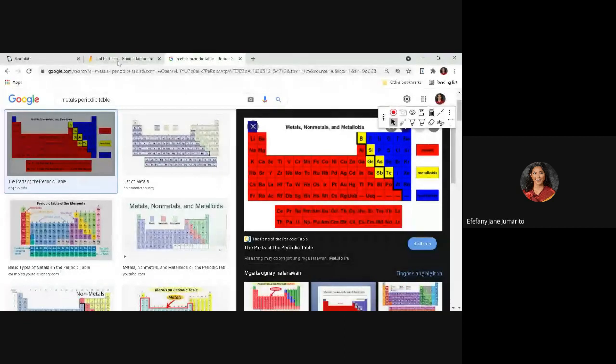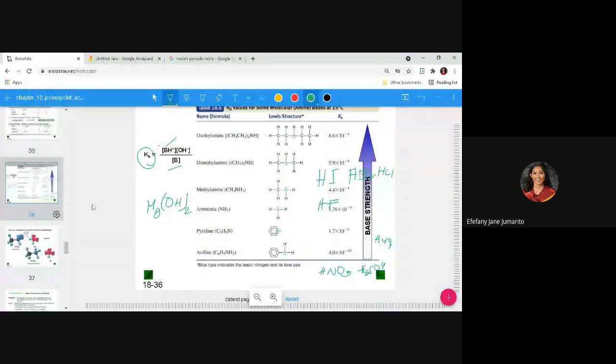Another way to identify a base is that it has nitrogen: NH3, or primary amines, secondary amines, tertiary amines are bases. So if you can see an N, it's a base.